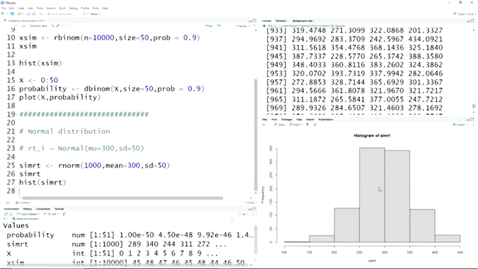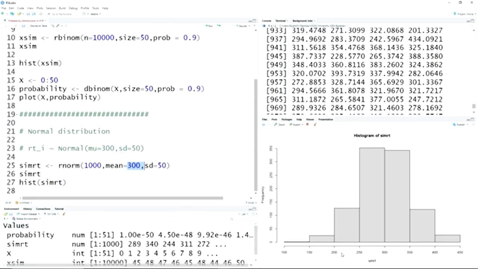See, this is the histogram of simulated reaction time from a normal distribution, 300 is the mean, SD is 50. What you would see is that the mean value is around 300, approximately, because this is just a sample from this distribution.